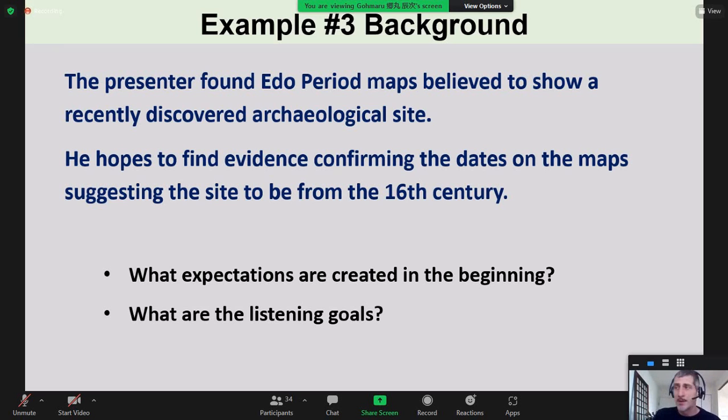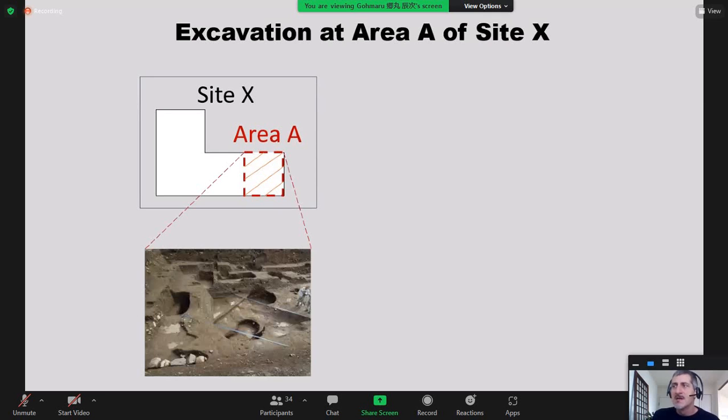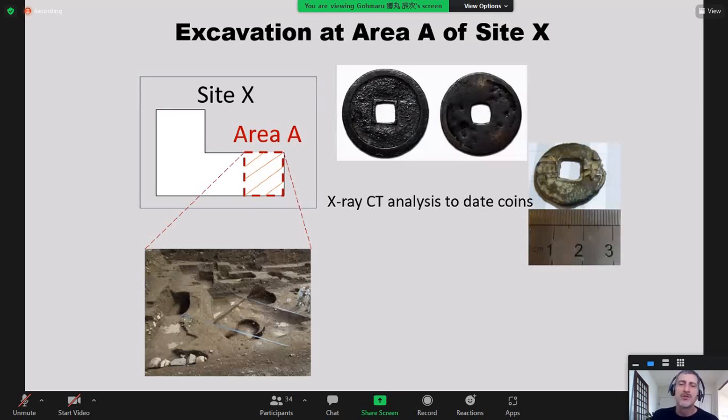Okay, here's version 1. In order to provide archaeological evidence to confirm the dates found on Edo period maps for Site X, Area A was excavated. Several coins were unearthed, but the characters written on the coins could not be easily read.